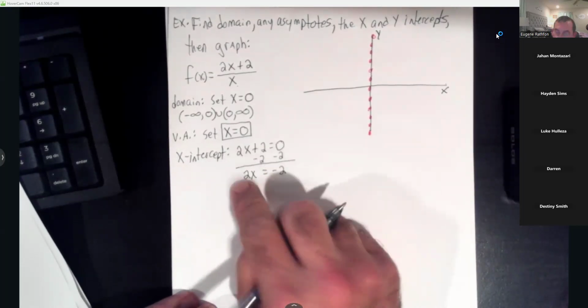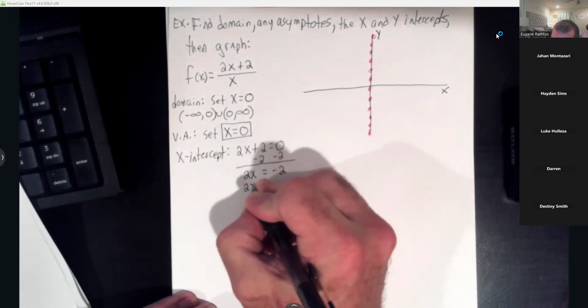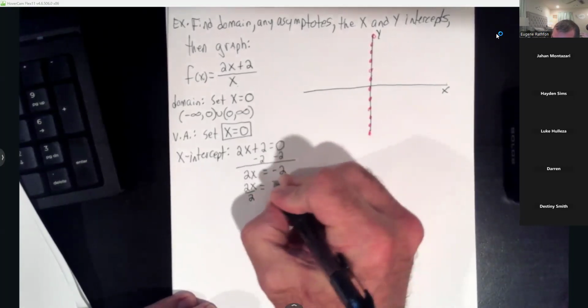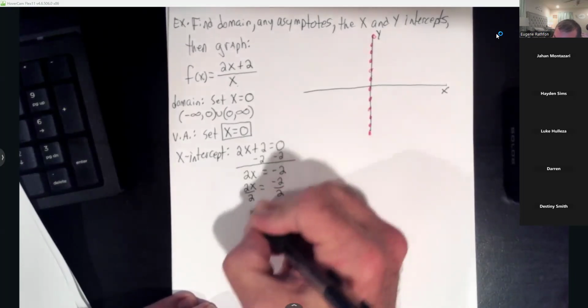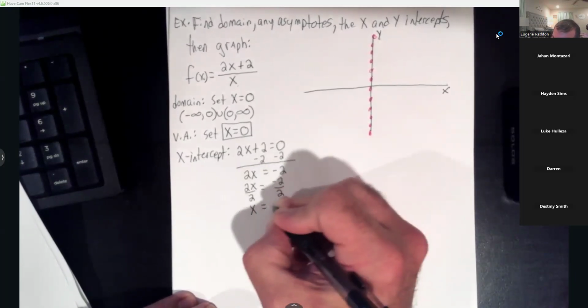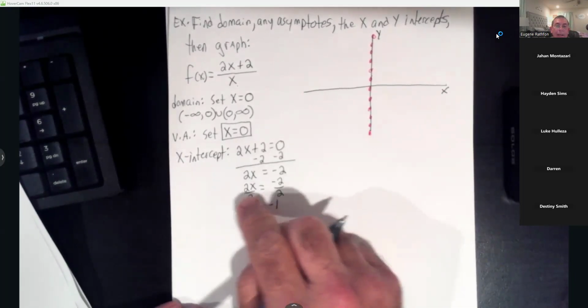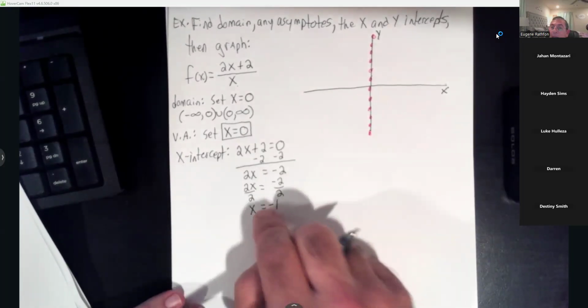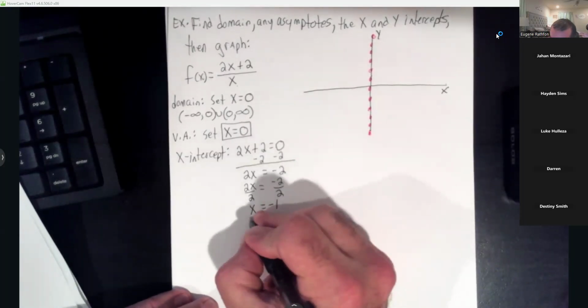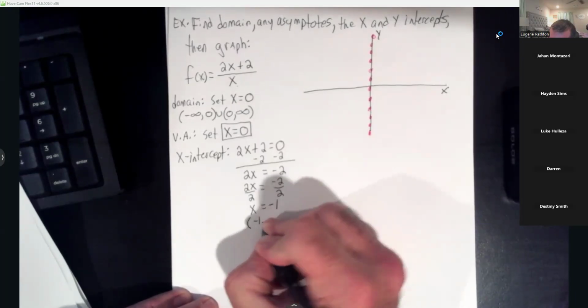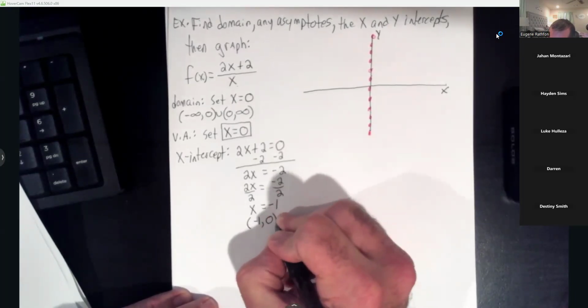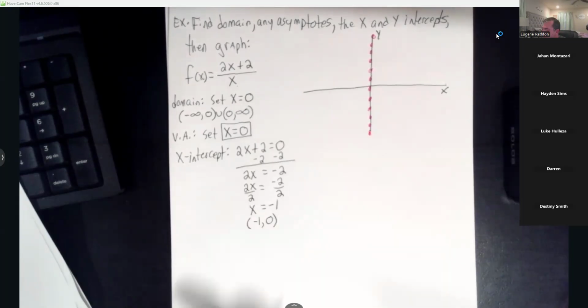And then divide both sides by 2. So y'all, this is giving me x equals negative 1. Now remember, the x-intercept has to be a point. So x is negative 1, the y would be 0 for the x-intercept.